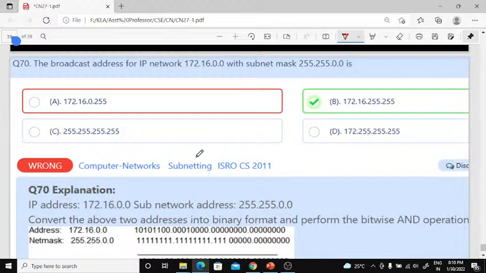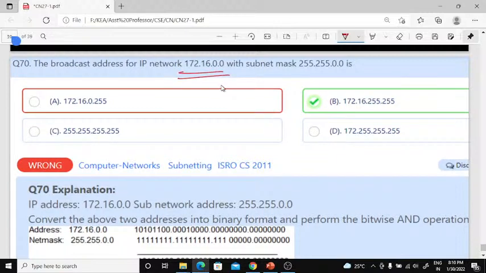The broadcast address of the IP network 172.16.0.0 with its subnet mask. We can calculate this broadcast address.